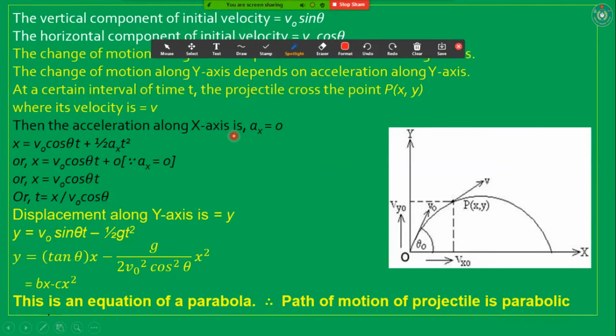Acceleration along the x-axis, defined by ax, is 0, and I will make this equation by using our linear equation. You know it very well that x is equal to vt for uniform velocity.